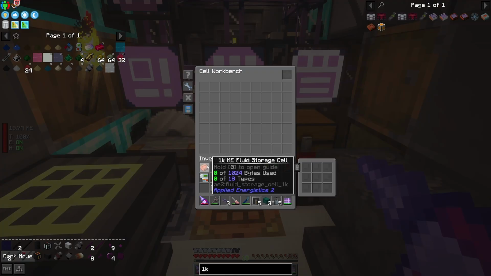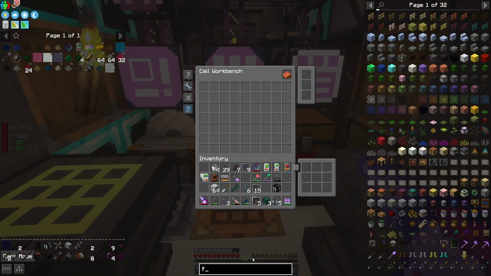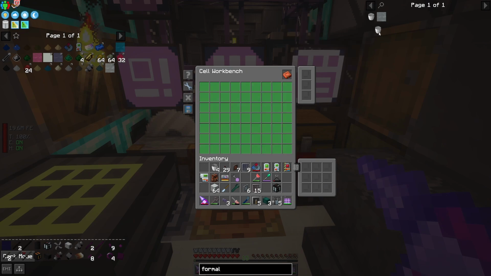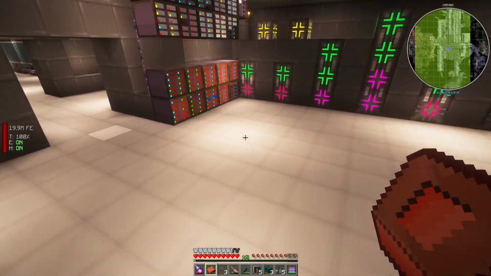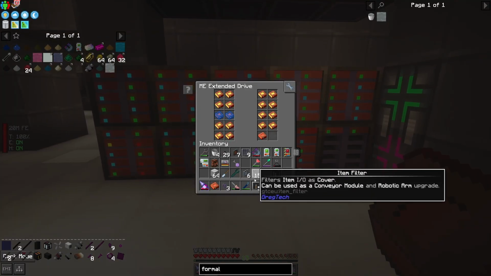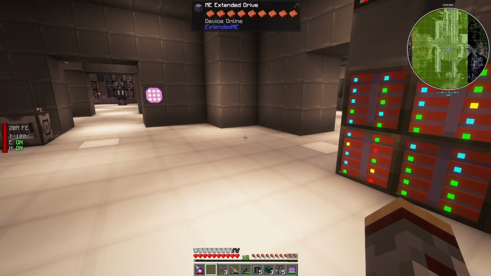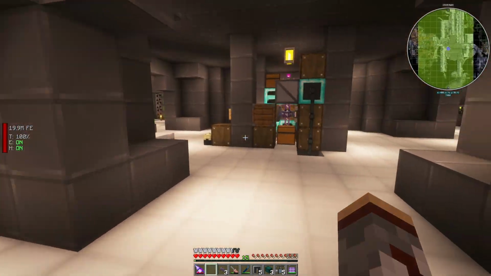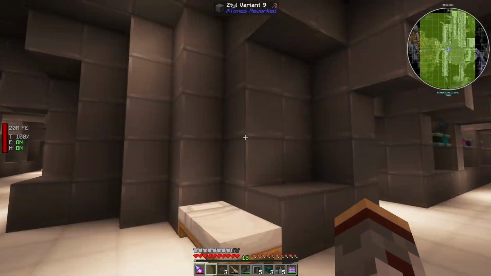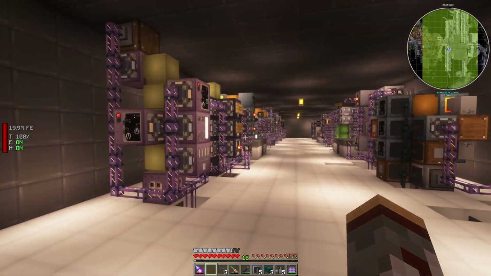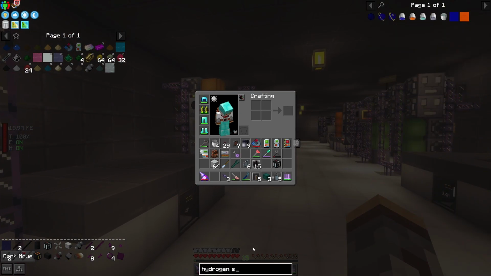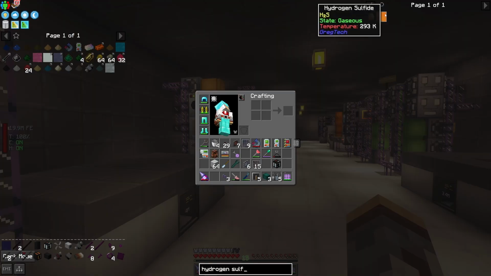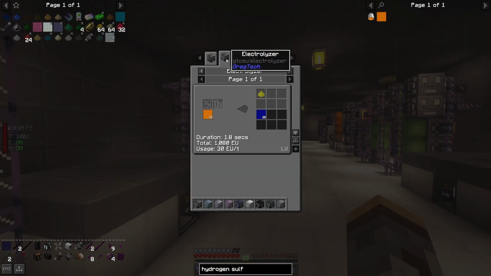I'm thinking about how the hydrogen sulfide is going to go into our system and not be processed while we are intending it to go to the LCR. So I need to find where the hydrogen sulfide is being processed, and we're going to have to rate limit that.